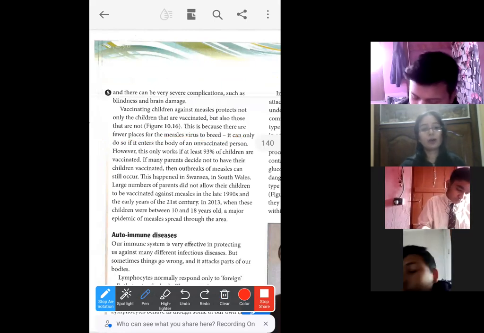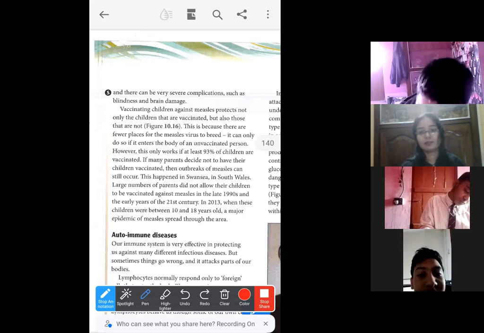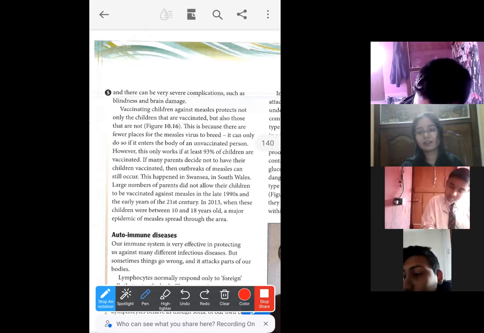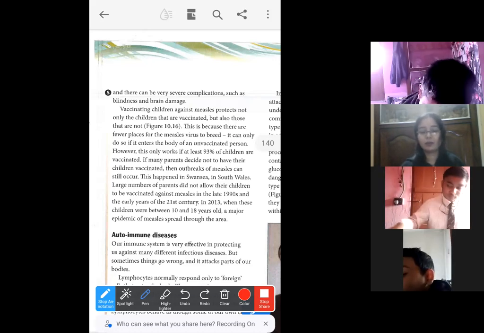It can only do so if it enters the body of an unvaccinated person. Done, that's it. This is the answer. For 2 marks, if you write this much, you will get the full marks.